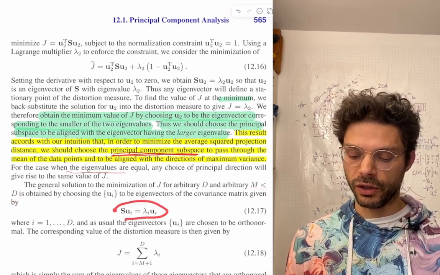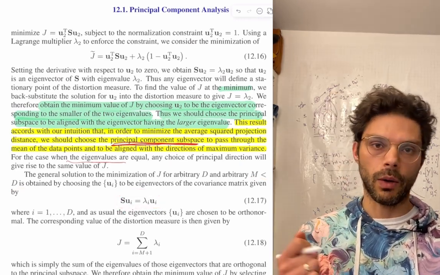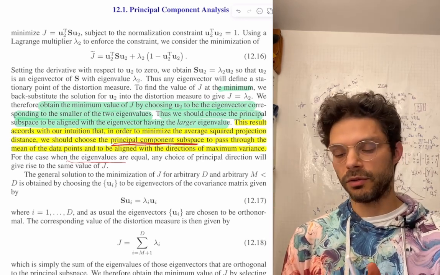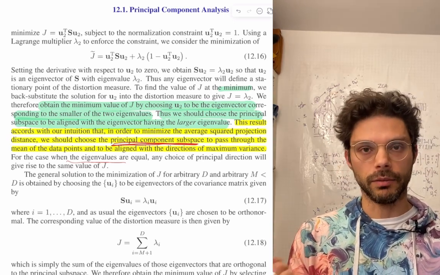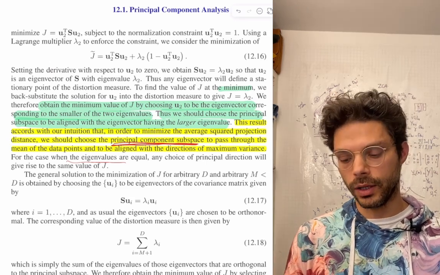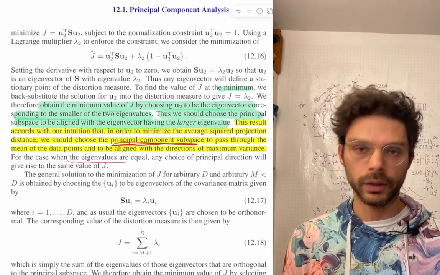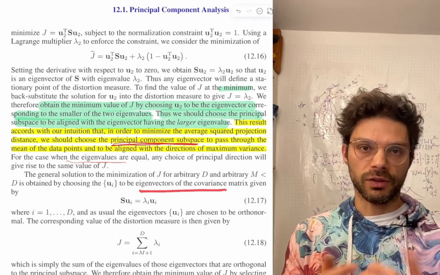Now the idea is, I want my first distortion direction to be the one that has the least power, least energy in it, and the second one to be the one that has the second least. So you can just build them up until you run out of dimensions that you have left.